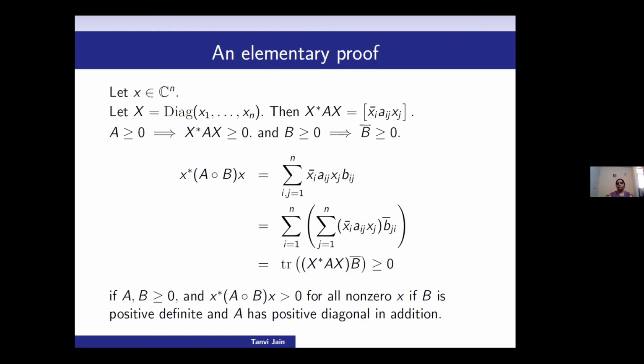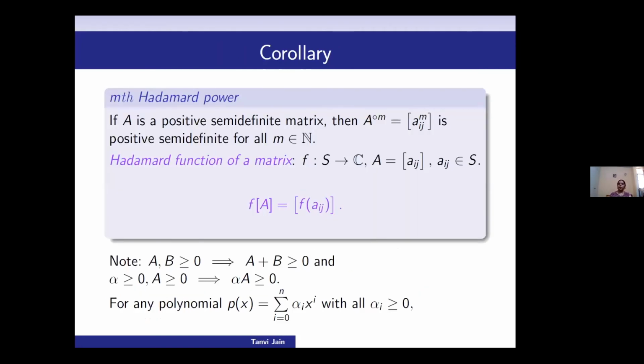Now, we were working on Hadamard products that require two matrices. We turn to functions of a single matrix, an immediate consequence of Schur's theorem. If I start with a single positive semi-definite matrix A, then A∘A will be positive semi-definite.